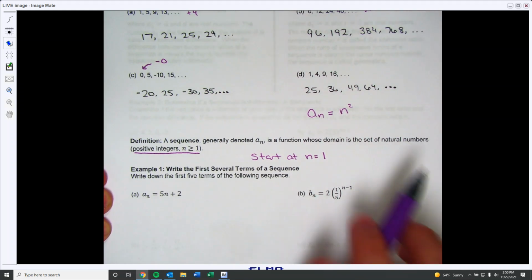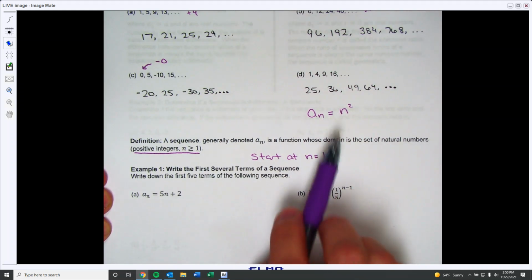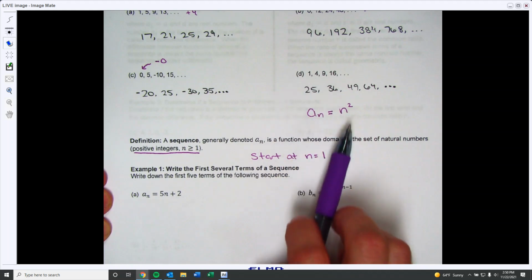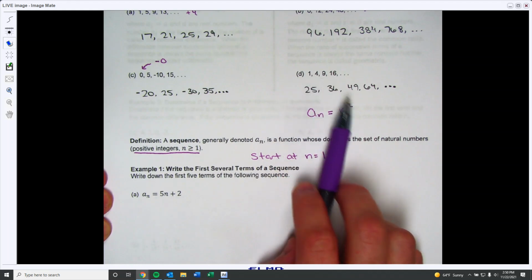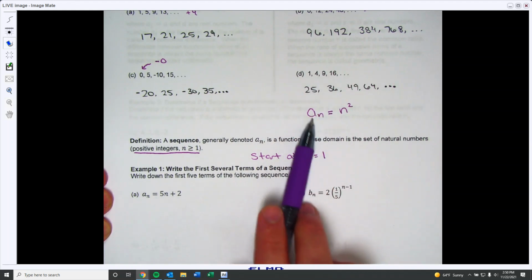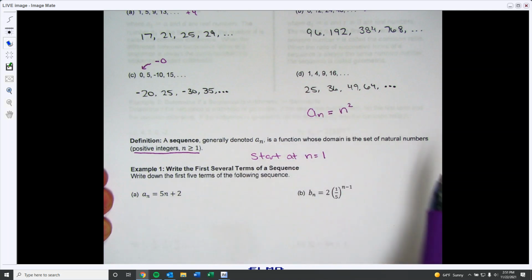And the way I would define this one is n squared. Because whenever I start with n equals 1, that's where I'm supposed to start. 1 squared is 1. And then I would do 2, that gives me 4, and then 3 squared is 9, and so forth. So this is how I could write a function or formula for that sequence.